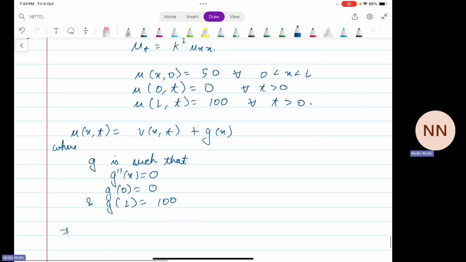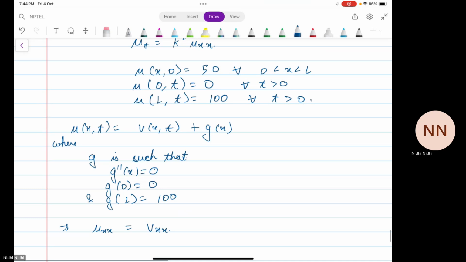This implies that u_xx is equal to v_xx, because g double dash is 0 for every x.